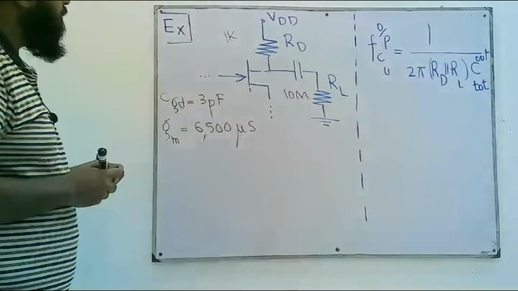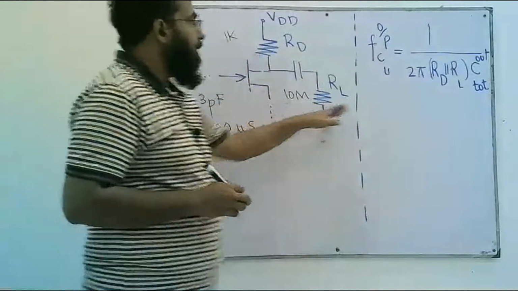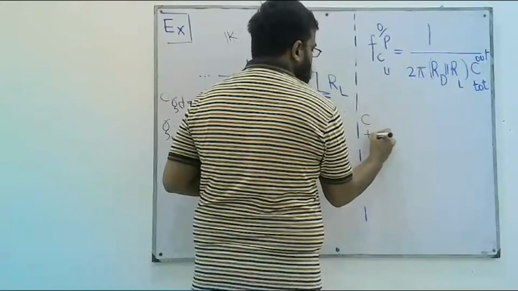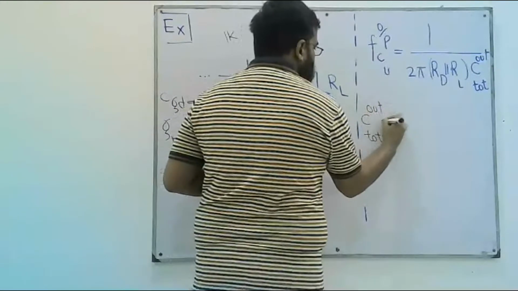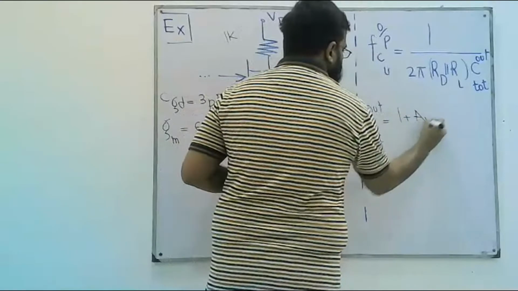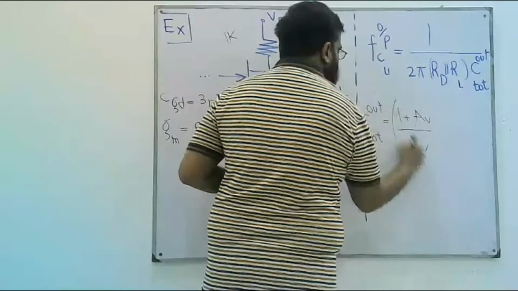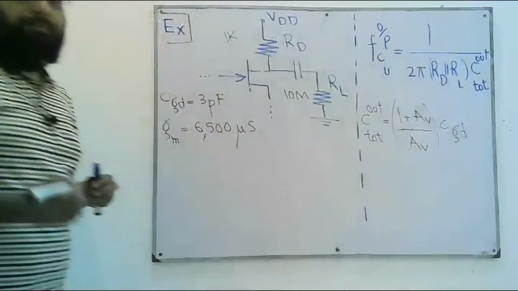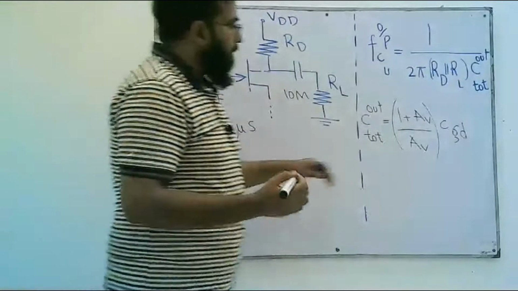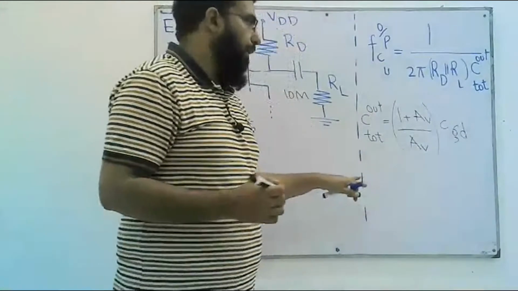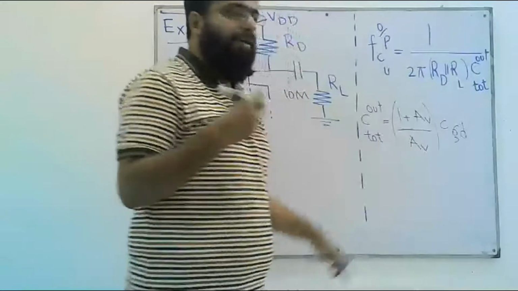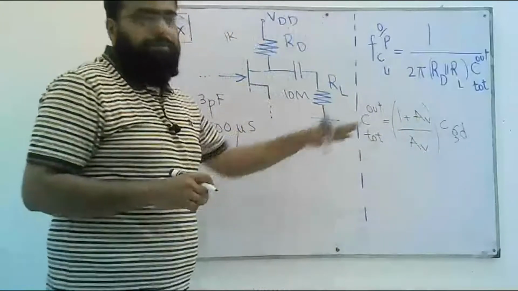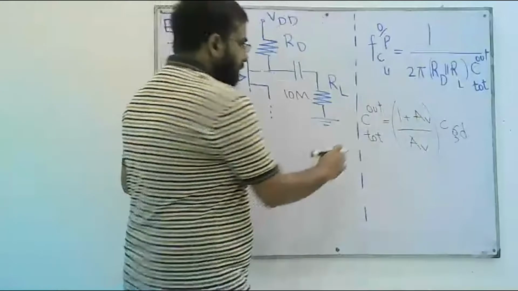We know RD 1K, RL 10 meg, and we know that C total on the output side is (1 plus AV) over AV into CGT. This is the expression found by Miller. This is the Miller division of CGT on the output side, and part of it is also available on the input side, which we studied in the last lecture.